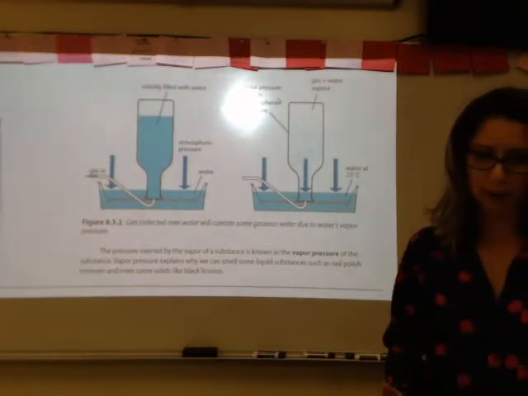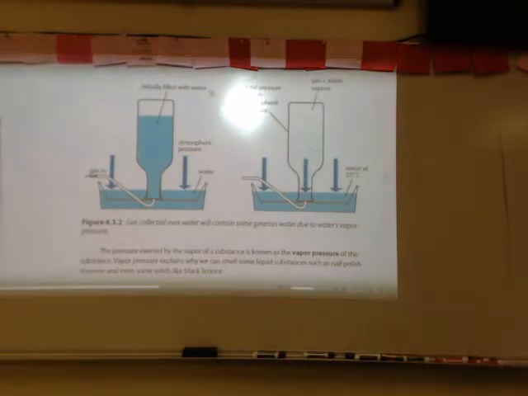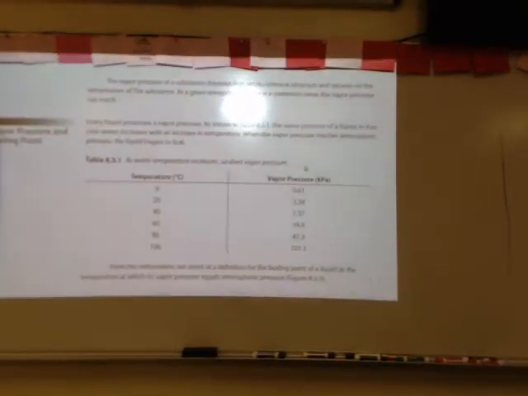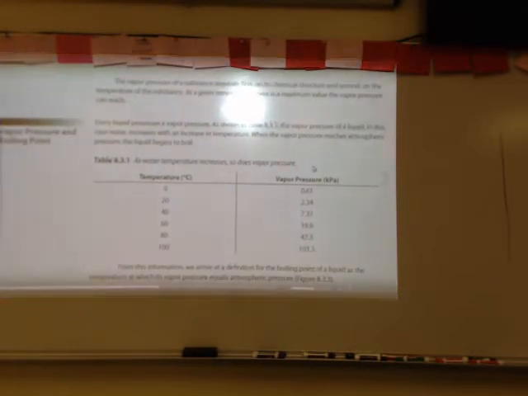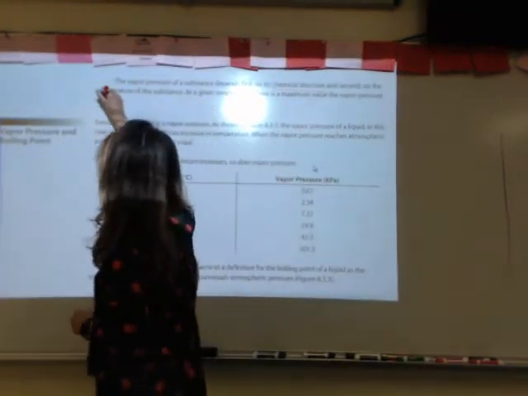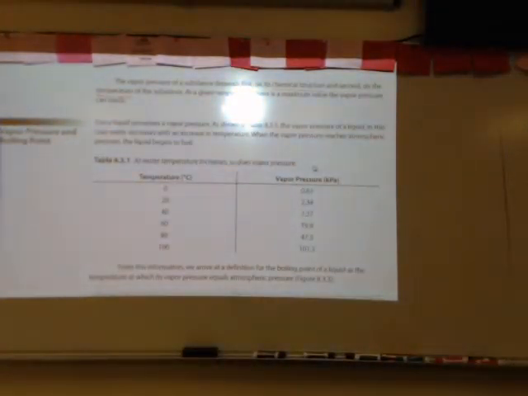This is why we can smell it sometimes, because the vapor pressure of a substance depends on a couple of things. The first thing is it depends upon its structure. And the second, it depends upon the temperature. And at a certain temperature, there's a maximum value that the vapor pressure can reach.